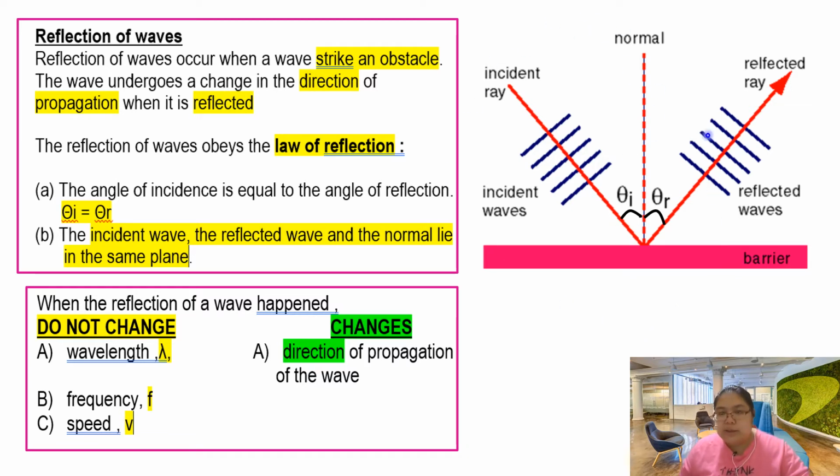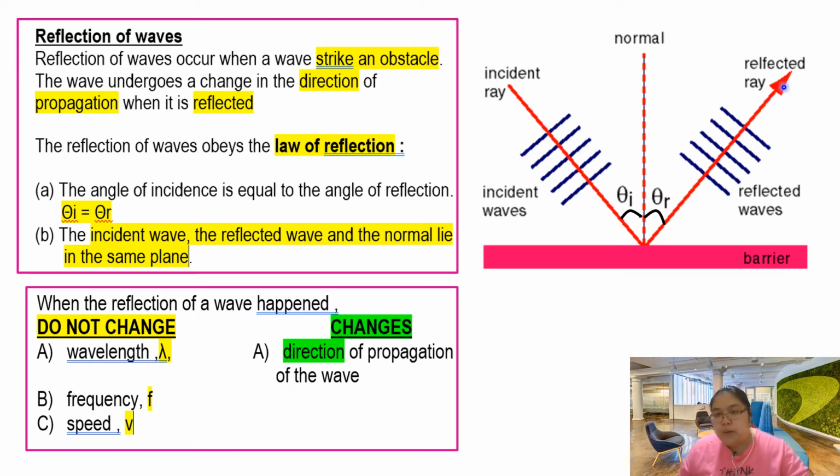Now we need to see the reflected part. If we follow the law, both angles must be the same. If you set 20 just now, here must be 20. So you use a protractor to measure again, then you draw the reflected ray. After you draw the reflected ray, you continue to draw the wave pattern. The wave pattern must be at 90 degrees to the reflected ray.